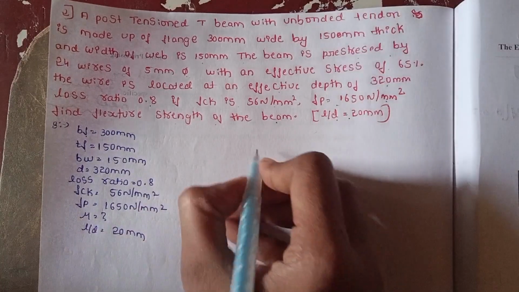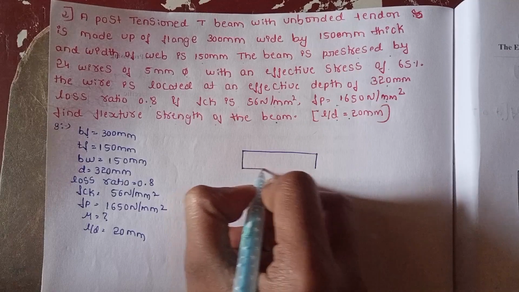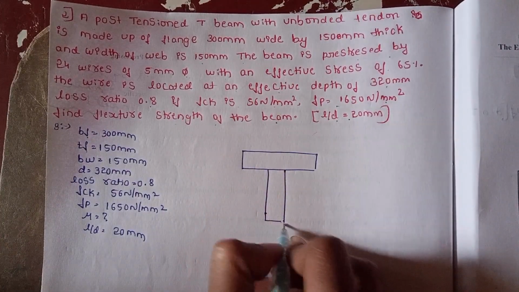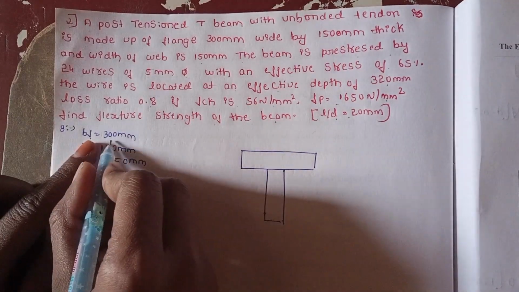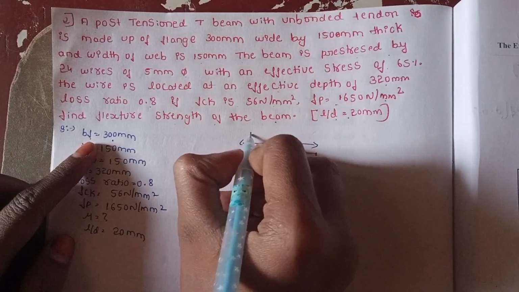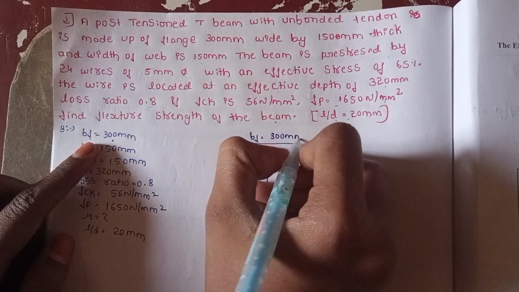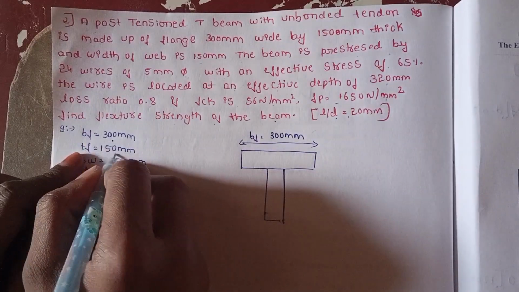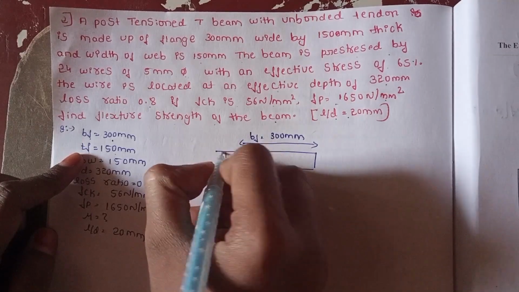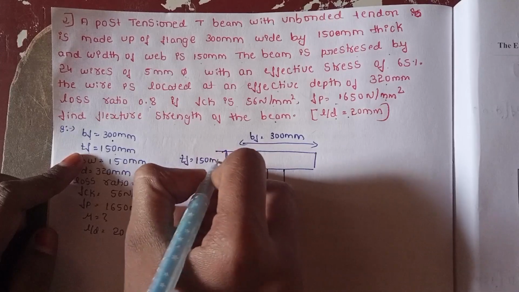Now draw the figure. So this is T beam. BF equal to 300 mm means width of the flange. Then TF equal to 150 mm means thickness of the flange equal to 150 mm.